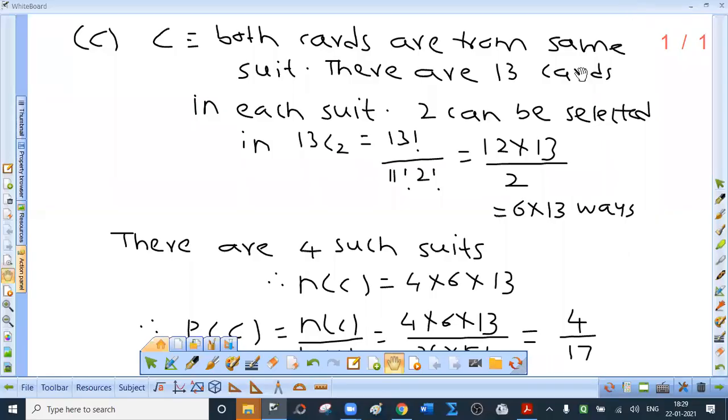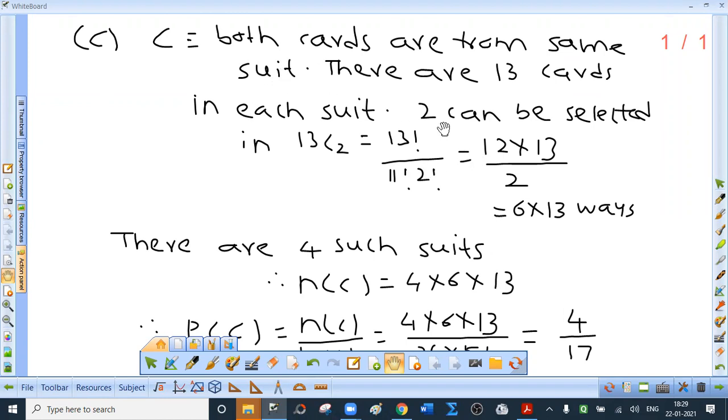Let C be the event that both the cards are from the same suit. Now there are 13 cards in each of the 4 suits. So 2 cards out of 13 can be drawn in 13C2, that is 6 into 13 ways, right? But there are 4 such suits. So N of C is 4 into 6 into 13. I hope you are getting this.